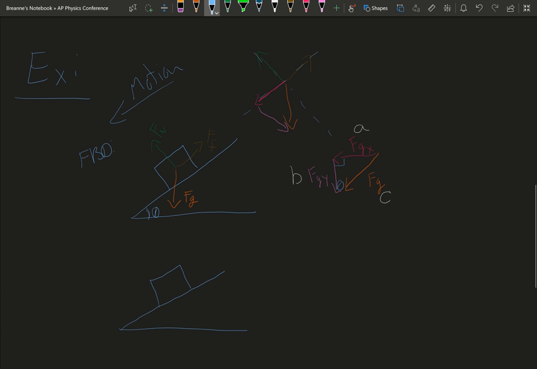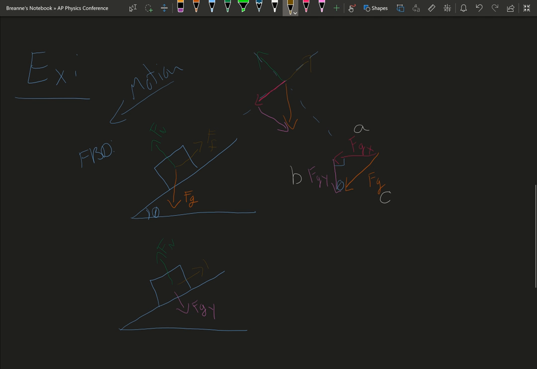Now remember, this is not an official free body diagram because it's not the basic, original forces. You have your force of normal going up. You have your force of gravity in the y going down.